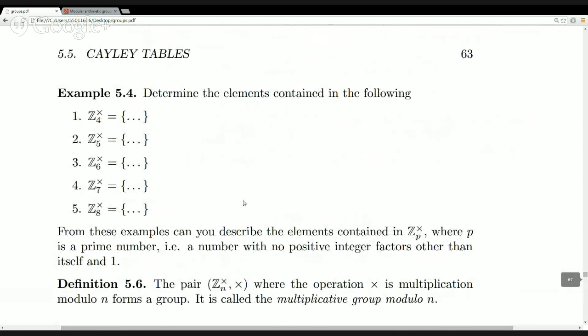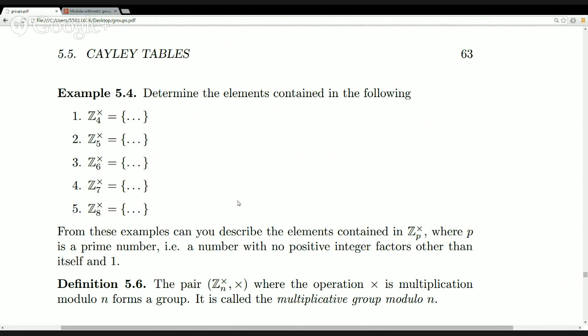So let's look at what some of these sets for the multiplicative groups are. And then we'll investigate some of their multiplication tables, some of their Cayley tables. So for instance, this is example 5.4. If you're looking at the group of multiplication modulo 4, the elements in the group there are only going to be 1 and 3, okay?